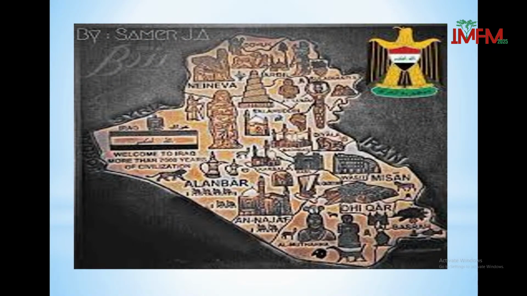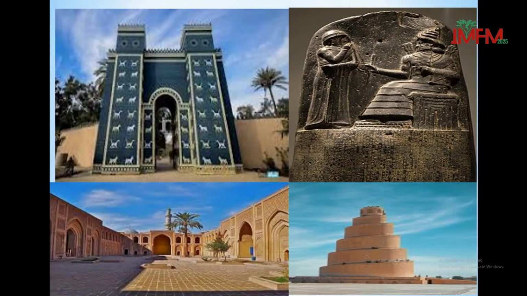Now, this is the geography. This is my country, Iraq. Nineveh is in the upper part of the map of Iraq. This is Babylon, Hammurabi, Mustansiriya, and Samarra city.